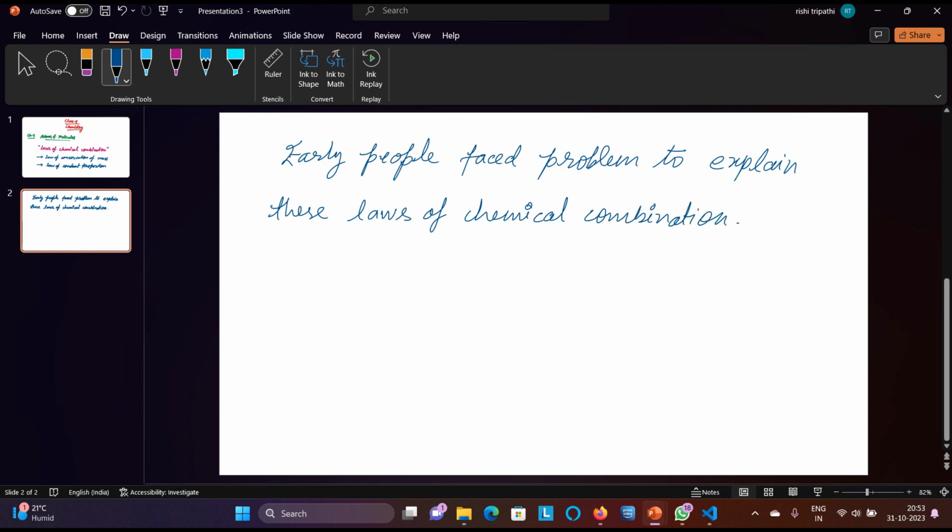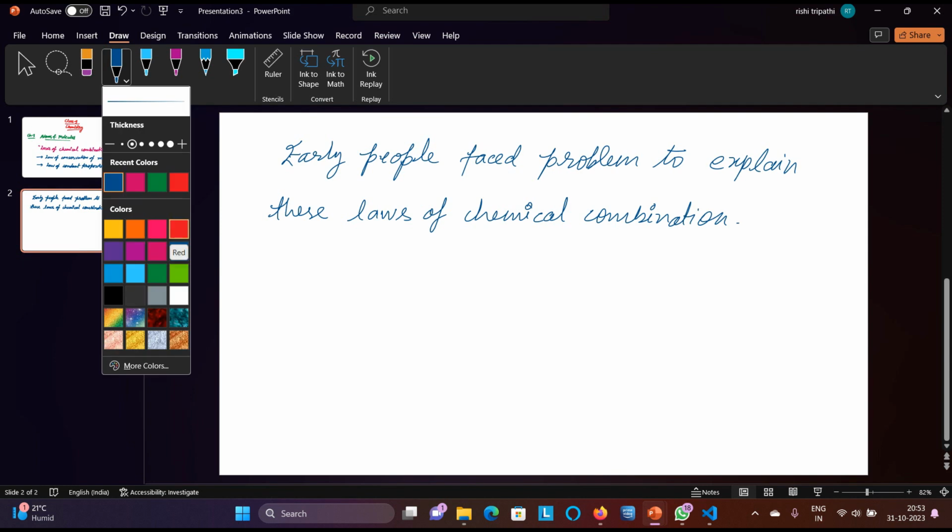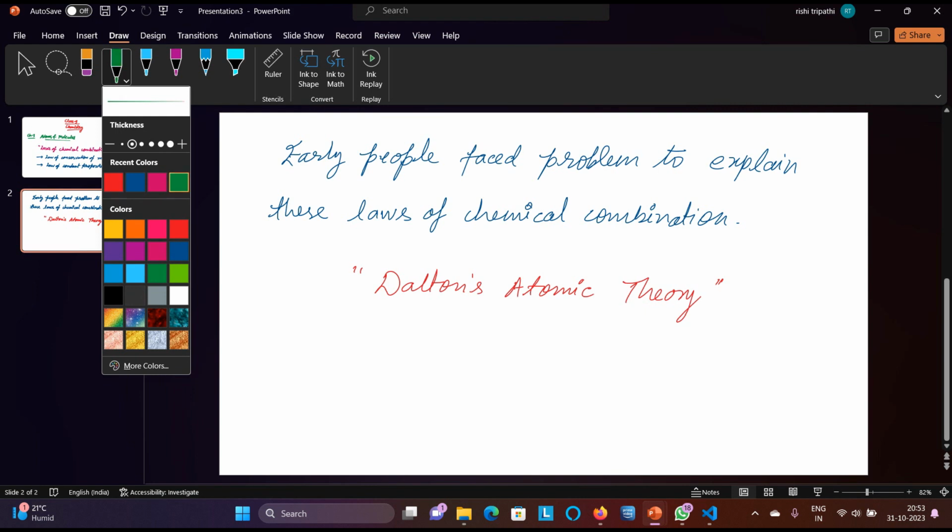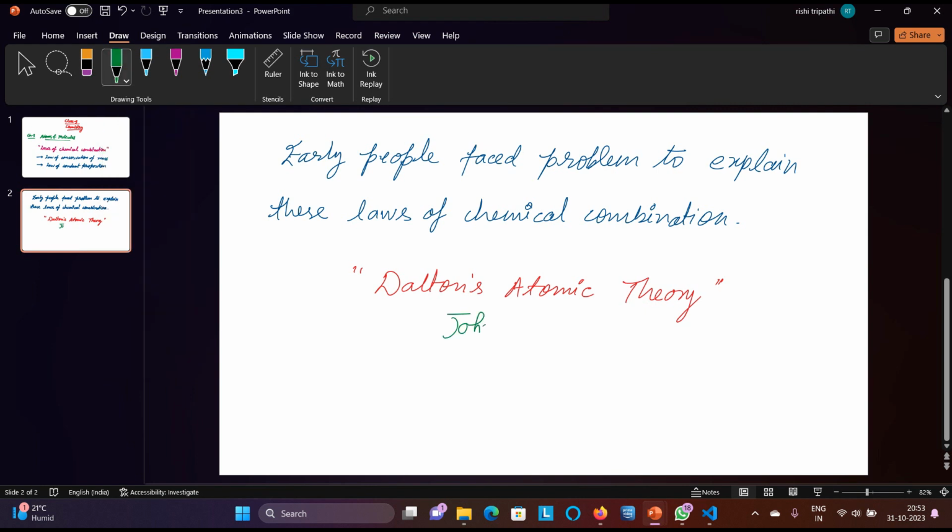In 1808, John Dalton gave a theory called Dalton's atomic theory. Dalton's atomic theory, given by John Dalton in 1808, was based on the laws of chemical combination.